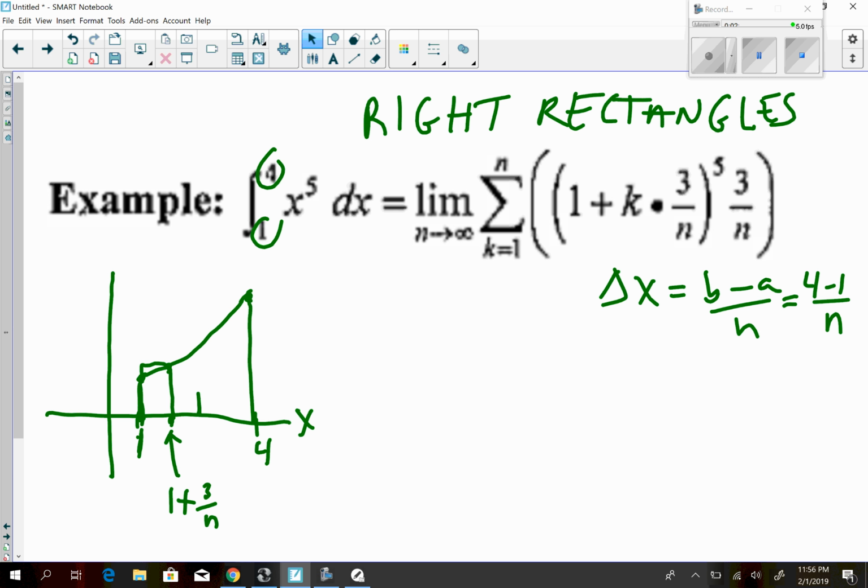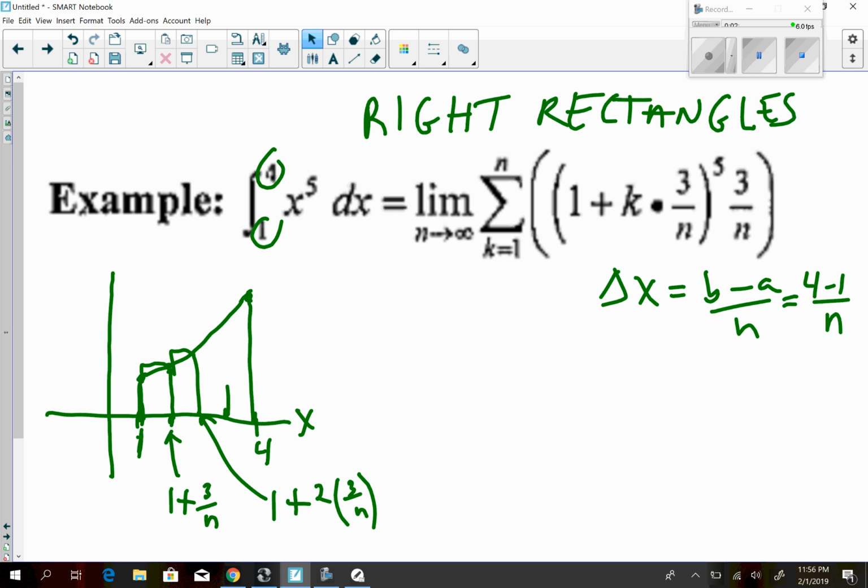This next rectangle is going to be the x where we started plus the width times 2, because it's the second rectangle. The second right rectangle, and so on. The next rectangle's going to end at 1 plus 3 times 2 over n, and so on.